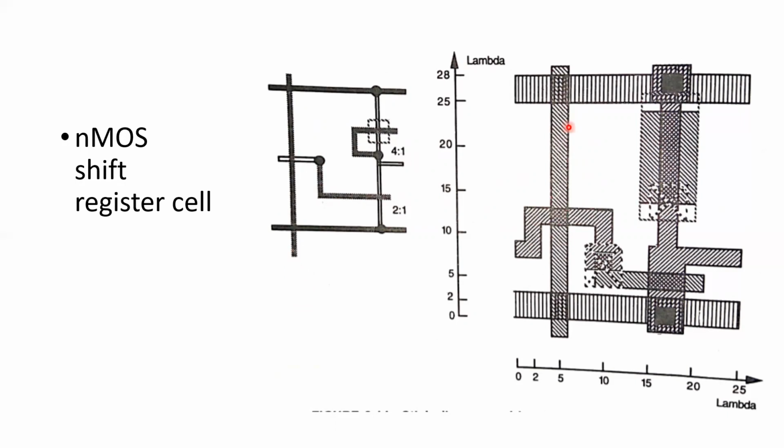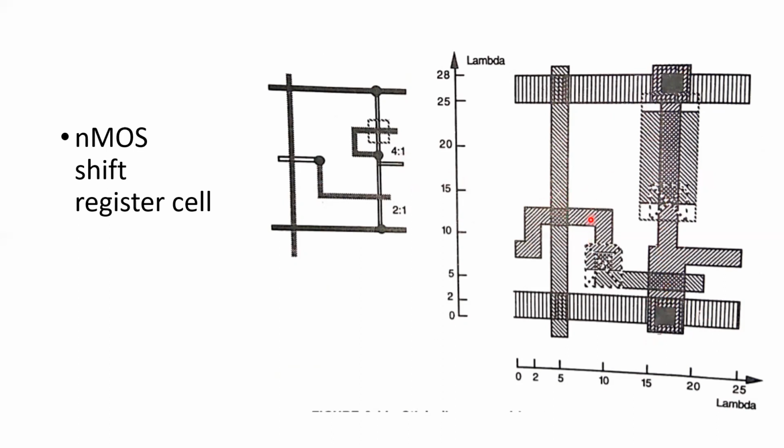So corresponding layout construction is on the right hand side. This represents our NMOS inverter with a length to width of say 4:1, and this is of length to width 2:1. So one can observe with respect to the width to length ratio how the sizes of the layers are going to differ. And this represents our pass transistor, and this is the NMOS inverter.